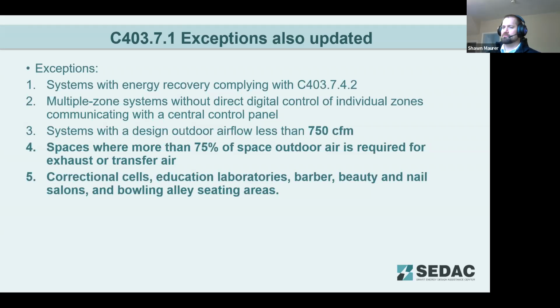DCV would be detrimental in those situations because those things would be allowed to build up. So this removes a little vagueness from the 2018 IECC's exceptions and makes them more specific, with a slight adjustment on bullet point 3 for a little more stringency in applying those exceptions to your facilities.